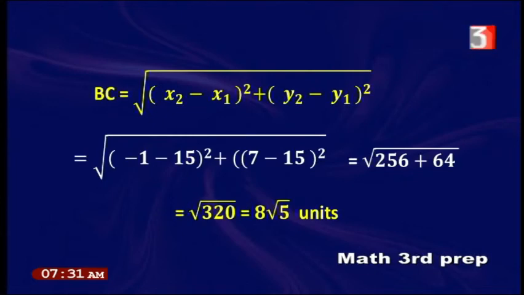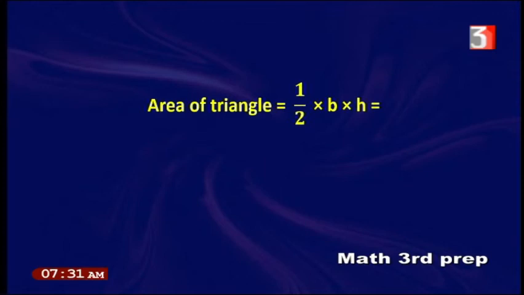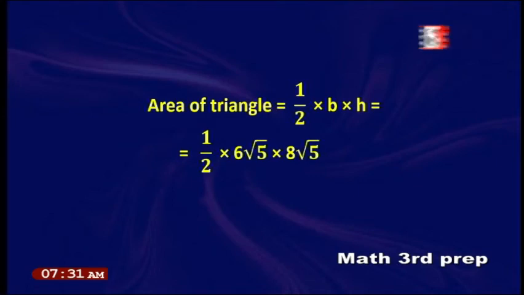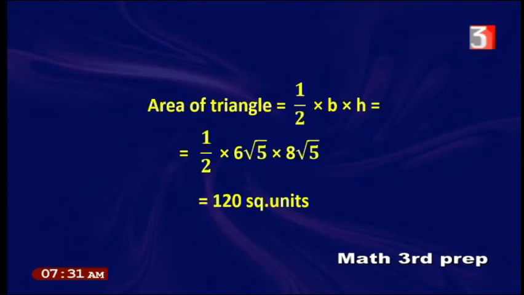Now you have the length of the base and the length of the height. So the area of the triangle equals half times base times height. By substituting, it is half times 6 root 5 times 8 root 5 to obtain a result of 120 square units. Let us have another example.